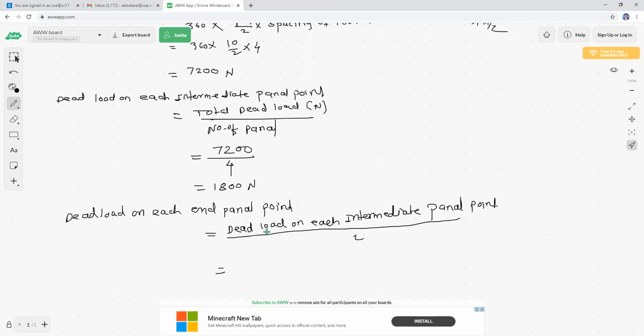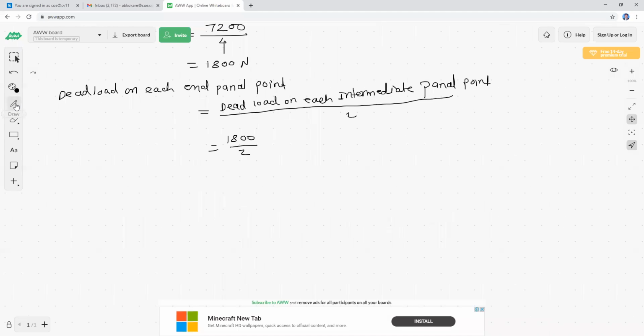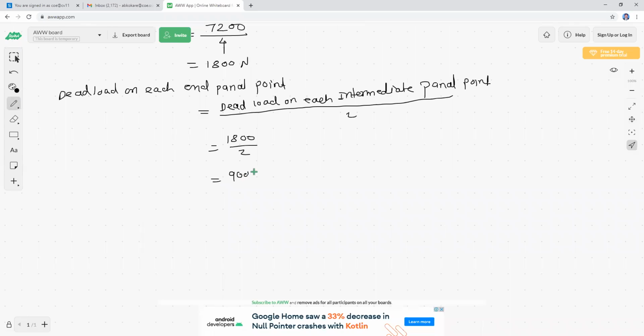So dead load on the intermediate panel point is 1800, divided by 2, so dead load on the end panel point is 900 Newton. So this is the dead load calculation.